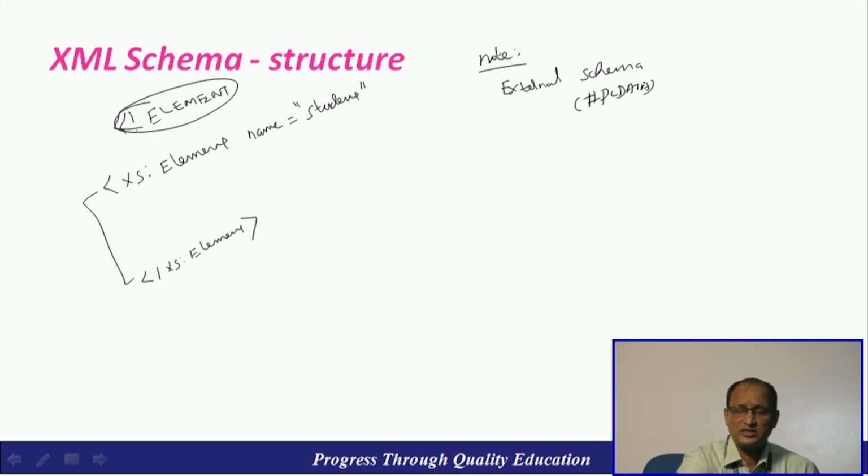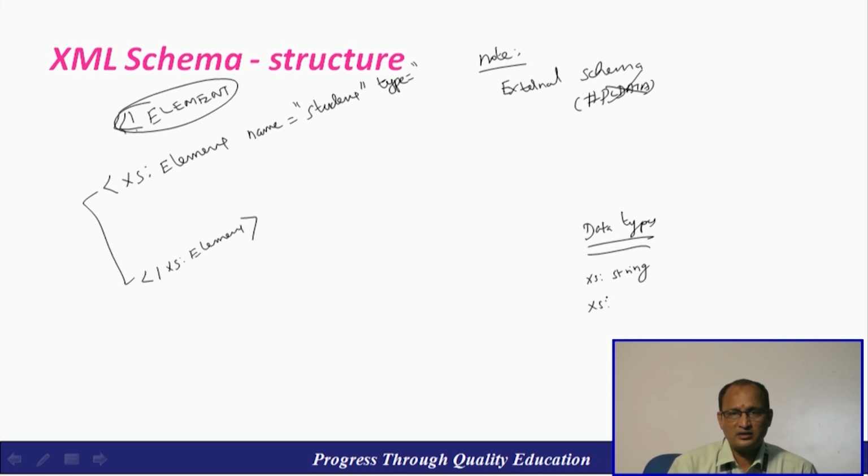So instead of this, we will be having a type specification, that is type equal to, within double quotes, we have to specify what the data type is. The data types available in schema, we have XS colon string. These are the primitive data types.